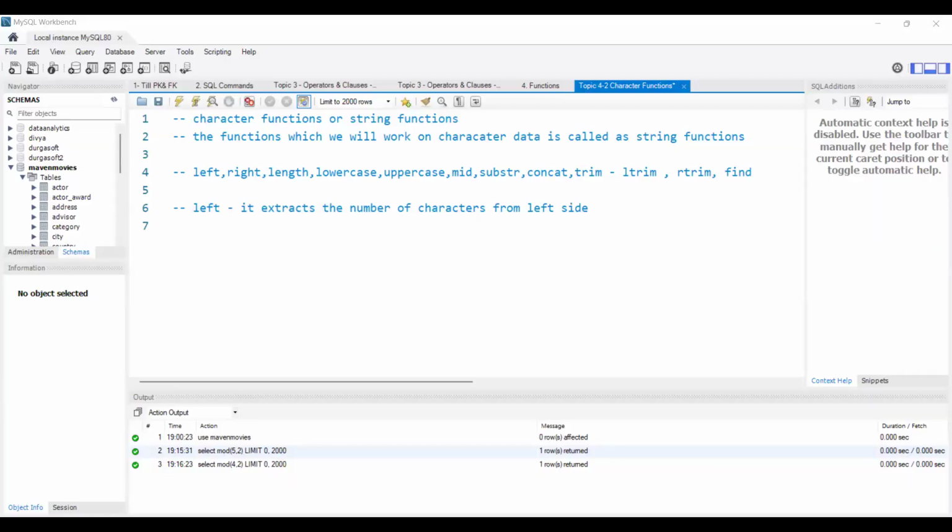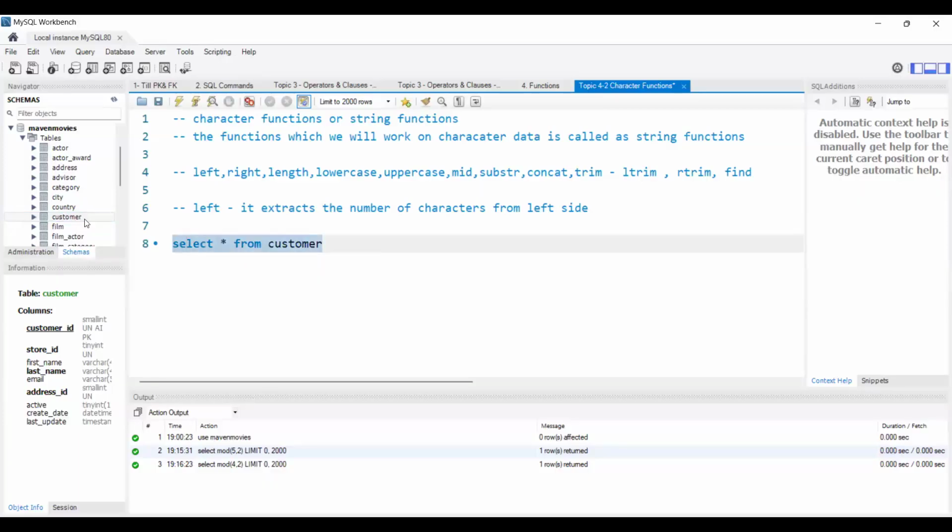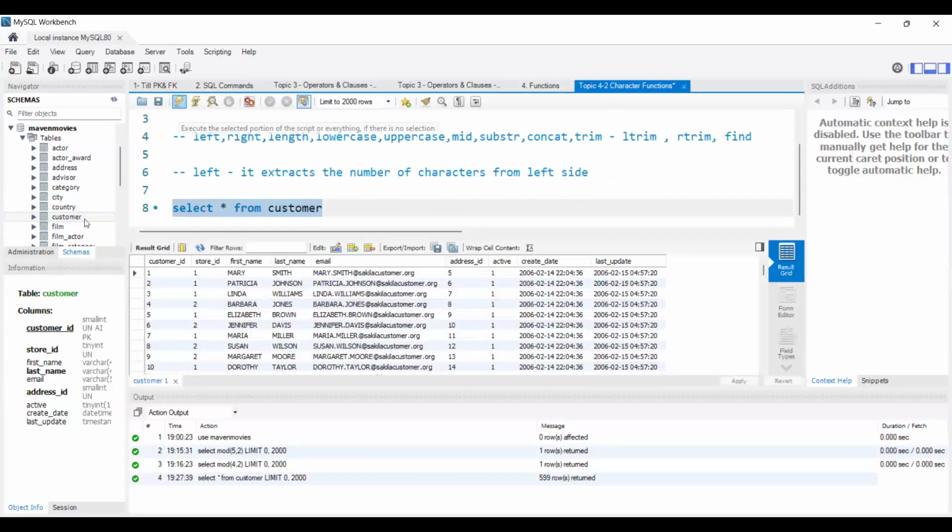For example, let's take the customer table. Select star from customer. We have first name and last name in this, right?